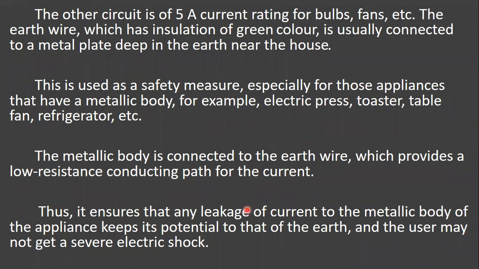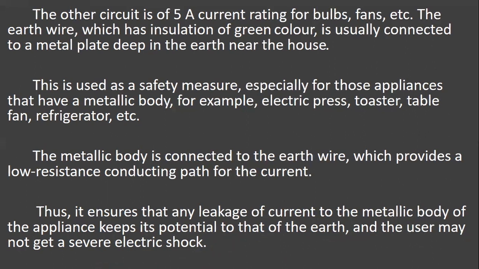Thus it ensures that any leakage of current in the metallic body of the appliances keeps its potential to that of the earth, and the user may not get a severe electric shock. Here the earth wire prevents us from getting an electric shock. It helps in keeping the potential to that of the earth, and prevents us from getting a severe electric shock.